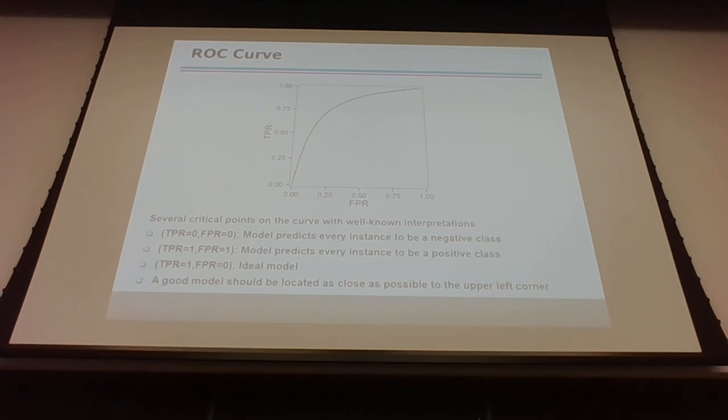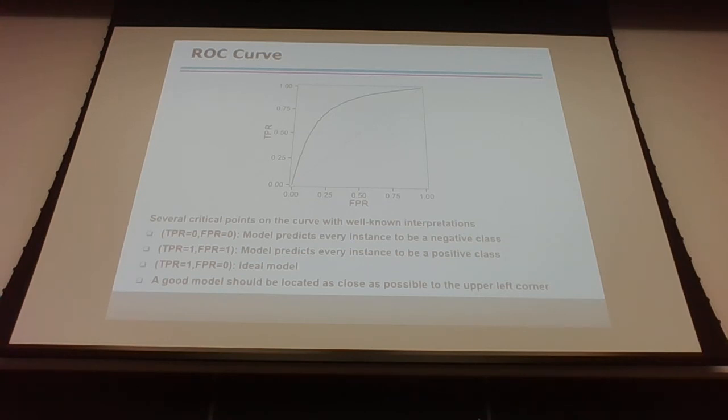Now you understand, if I want to calculate the area under the curve, and I have the best curve, the perfect scenario, what should be the area under the curve? 1. Right? So the area under the ROC curve, the best is 1, but I never get 1.